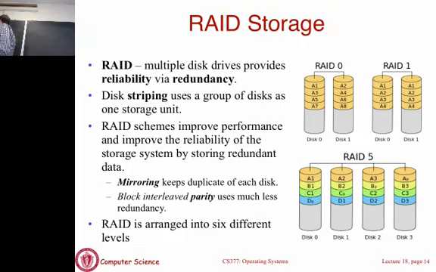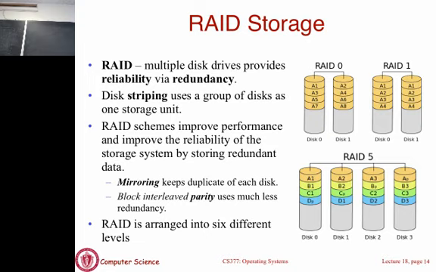So this is basically the idea of disk arrays. What we've been talking about so far is you have one physical disk that you're talking to. It's a single logical disk. But the idea of a disk array is we're going to have multiple disks, maybe 4 hard drives, and we're going to consider all these drives as a single logical unit.